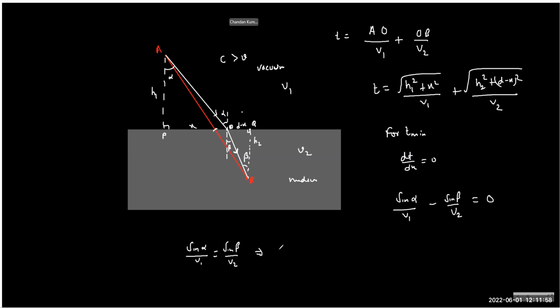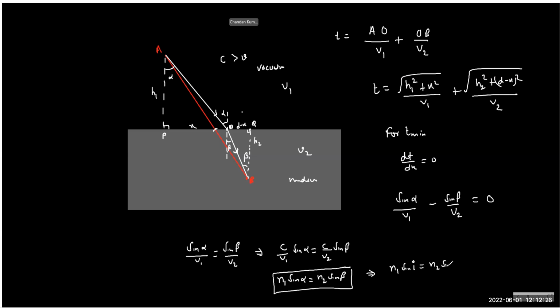And if you multiply with the velocity of light on both sides, then later on we come to know, or you might have studied, that C by V1 is called refractive index. So you can say N1 sine alpha, or angle of incidence, equals N2 sine angle of refraction.